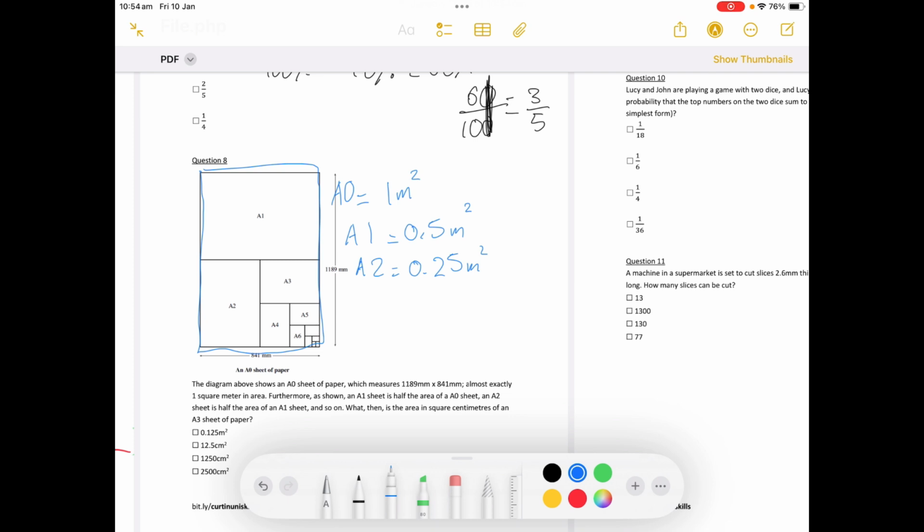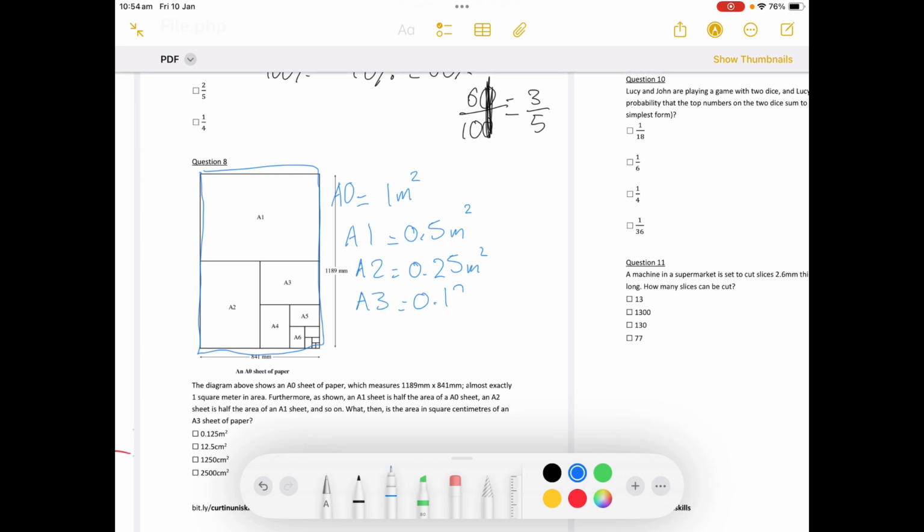Alright, what is the area in square centimeters of A3? A3 is 0.125 meters squared.